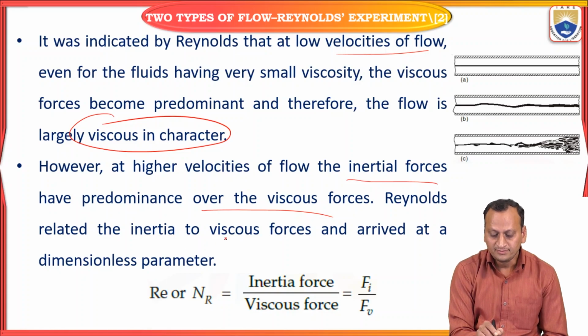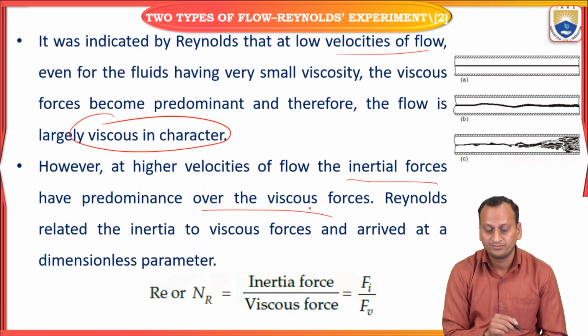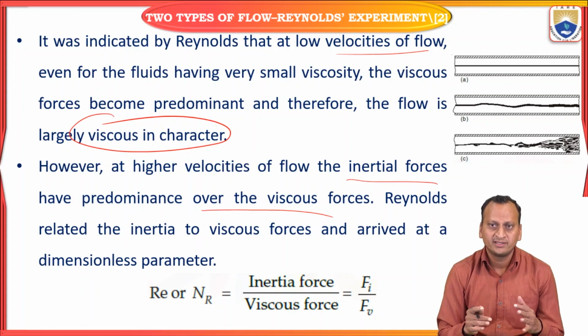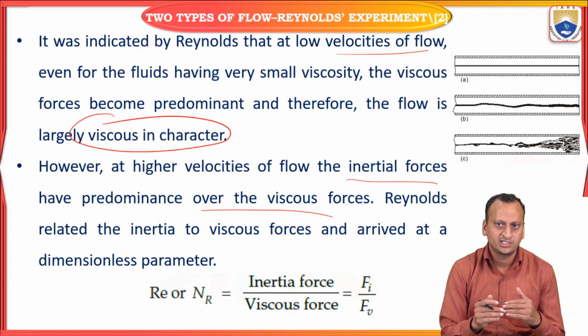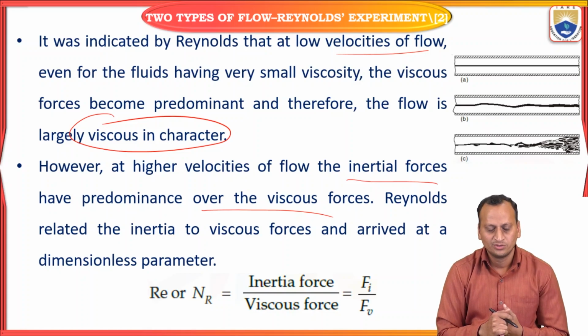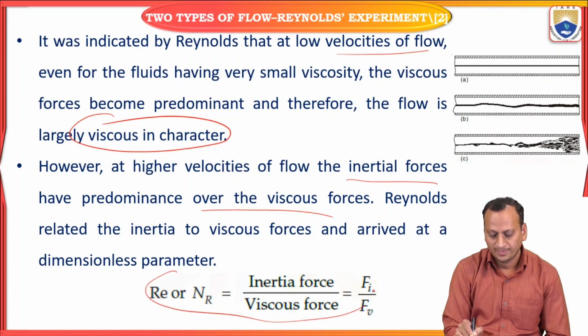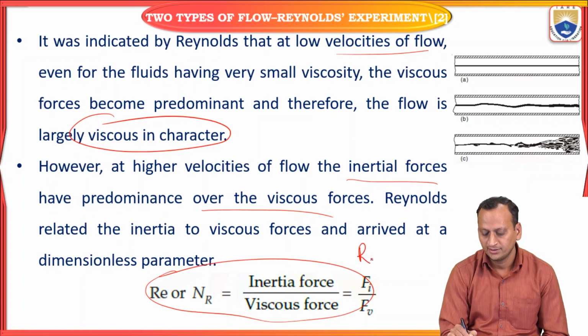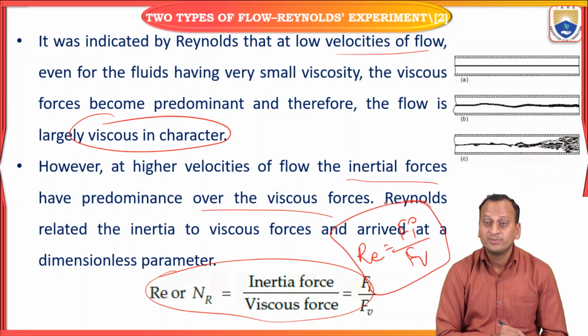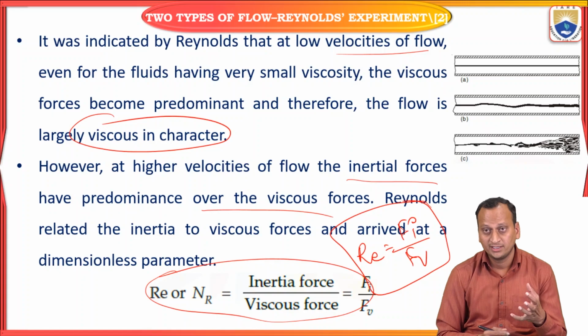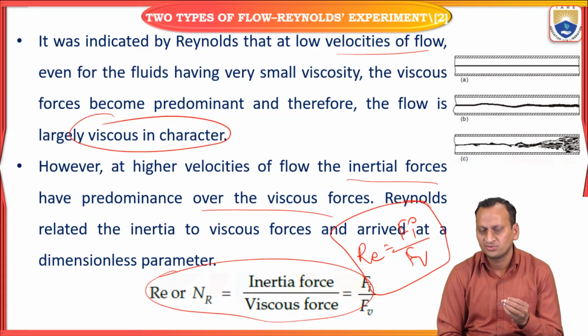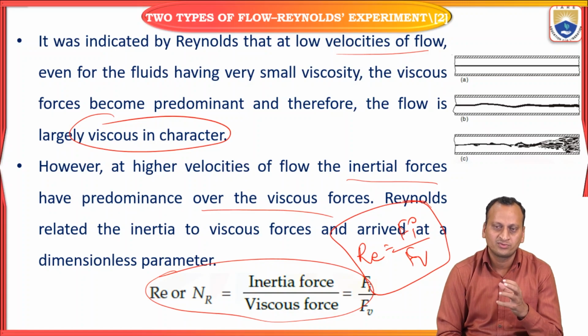Then we can say such type of flow is turbulent flow, and the relationship between these two forces, inertia forces and viscous forces, is known as Reynolds number. Therefore, the Reynolds number is simply a ratio of inertia forces to viscous forces. Based on the dominance of inertia forces and the dominance of viscous forces, we can define the pattern of flow. Which type of flow is there?